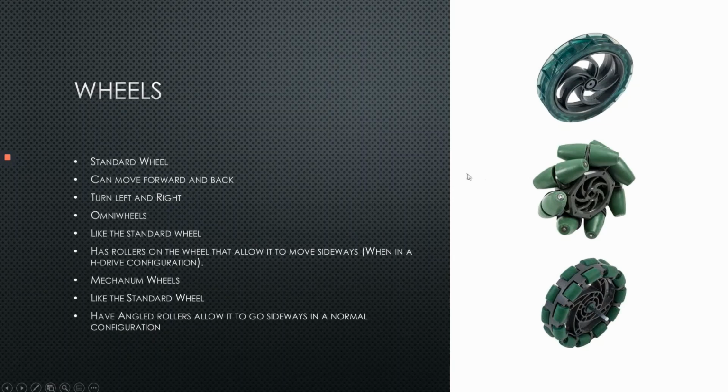It can do it by itself. But one of the complaints usually given about mecanum wheels is that they're really hard to program, and sometimes they don't function as properly as omni wheels would. So each of them has its own advantages and disadvantages. It's about looking at what your robot needs and how you can implement all these components and make sure you have a good robot.